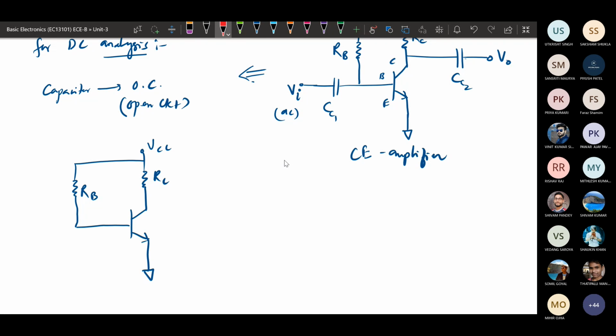This is your base terminal, this is the emitter terminal, and this is the collector terminal, and this is the direction of current flow. IE will be this way, IB will be here, and IC will be here. The voltage between these two, this positive and this negative, is VCE, and this one will be VBE.